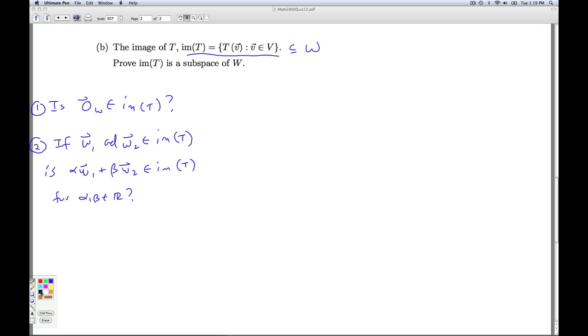Okay, so it's the same subspace criteria we've had since the beginning of chapter 2. All right, so number 1.